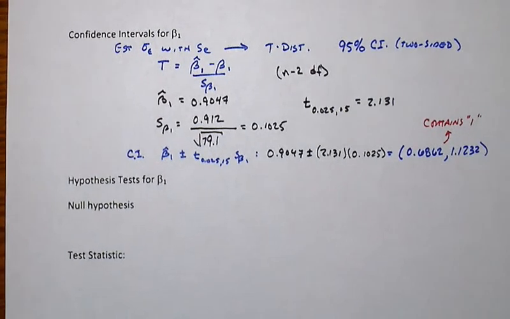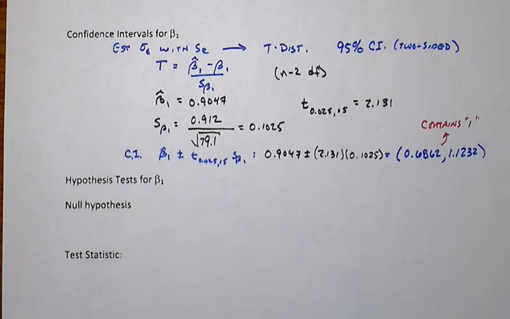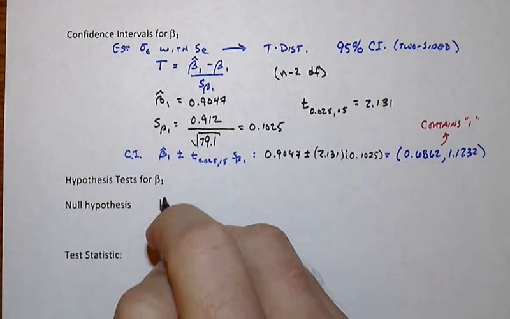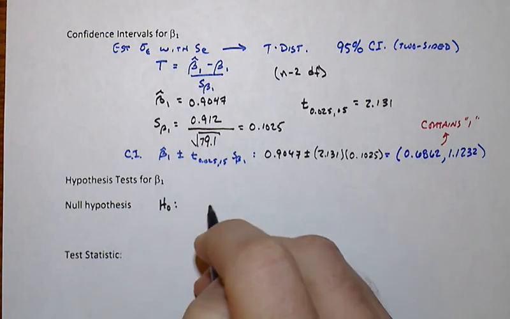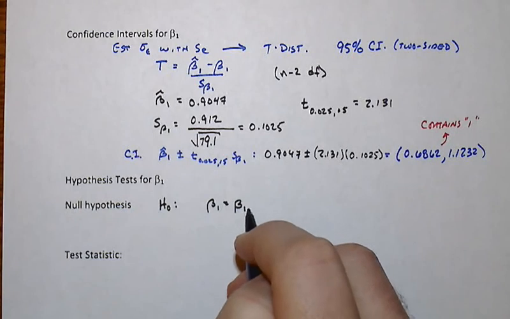And so when we come down here for the hypothesis test for beta 1, we naturally might think that our null hypothesis is that beta 1 is equal to, and I'll substitute in the symbol from your text, beta 1 comma 0.